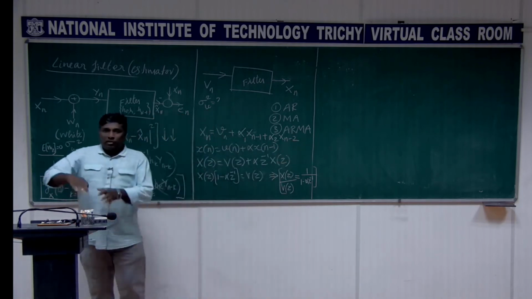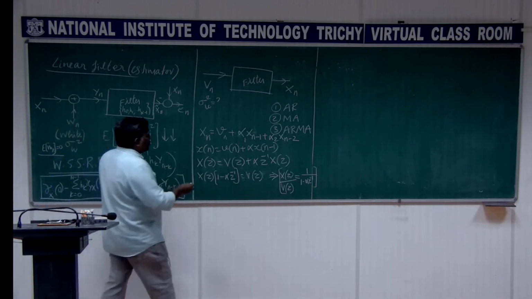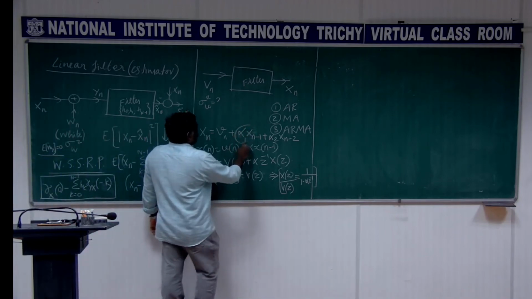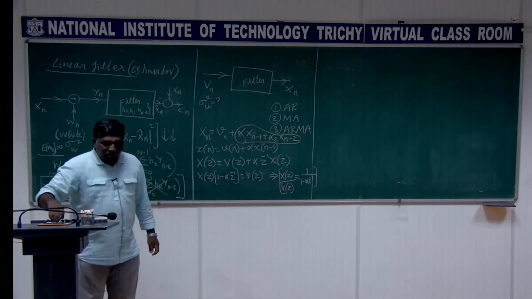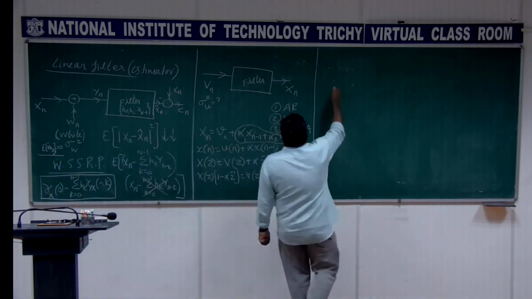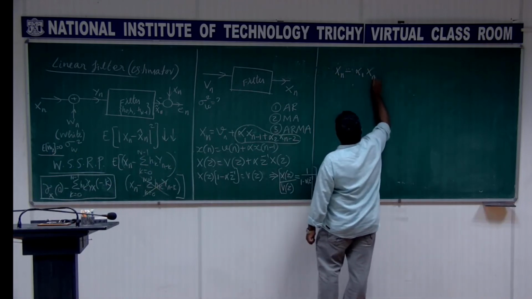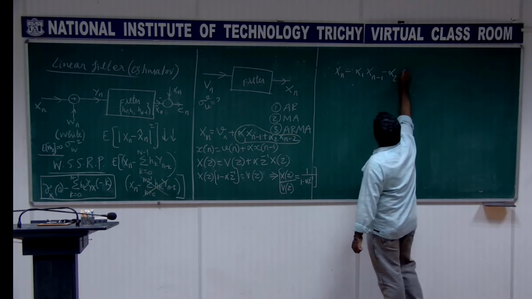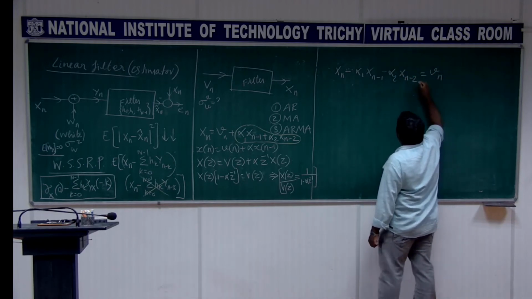You can have a number of taps. If I bring it to the left, you get Xn minus alpha 1 Xn minus 1 minus alpha 2 Xn minus 2, that is Vn here.